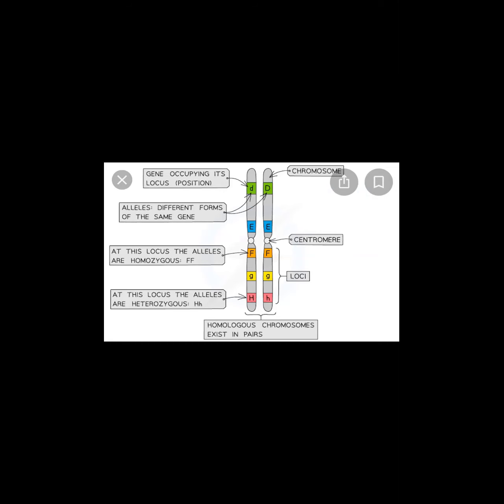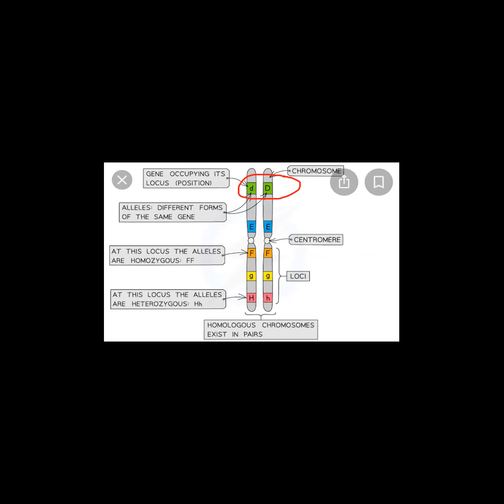But here in this D, you can see the pair of genes that are not the same. One is capital D, another is small d. So among these two, one gene will be affected, or you can say dominant, or recessive. So the parent that transmits the gene is either a carrier or a sufferer.